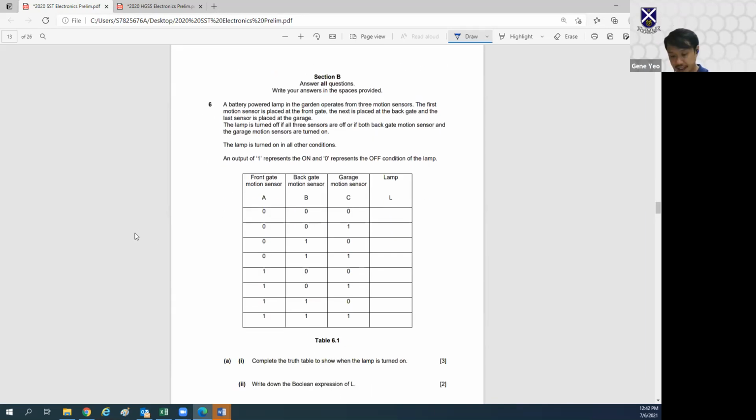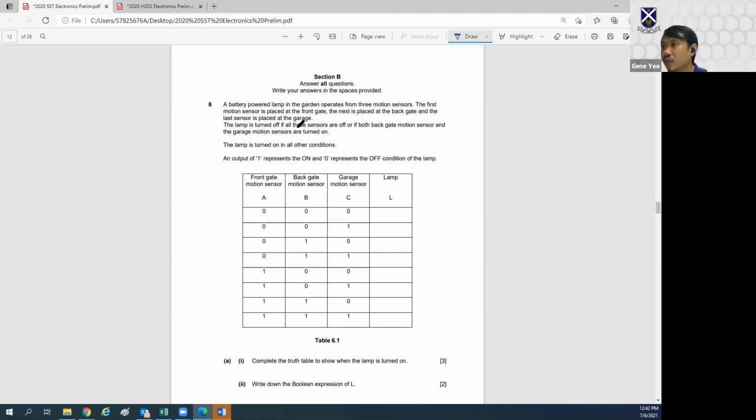Let's look at question 6. A battery powered lamp operates from 3 motion sensors: front gate, back gate, garage. The lamp is turned off if all 3 are off, or both the back gate and the garage are on.